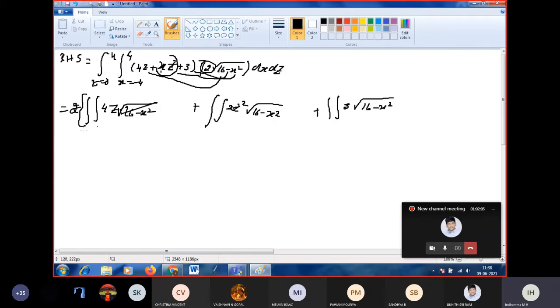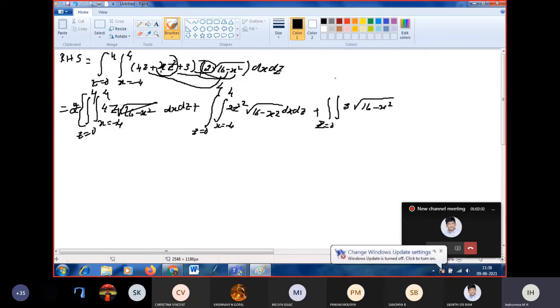Then limits are z equal to 0 to 4, x equal to -4 to 4, dx dz, for each of the three integrals.